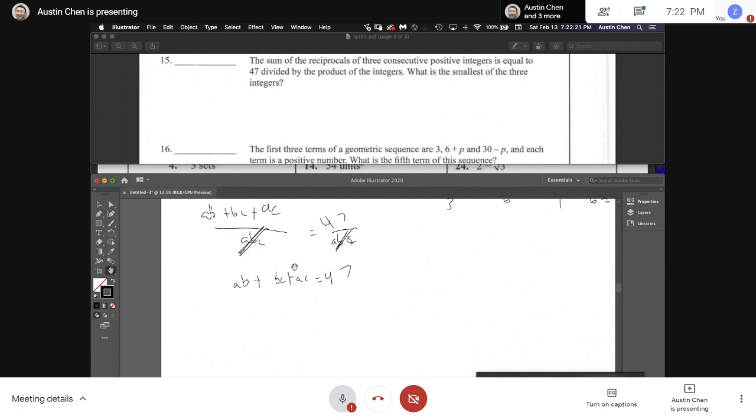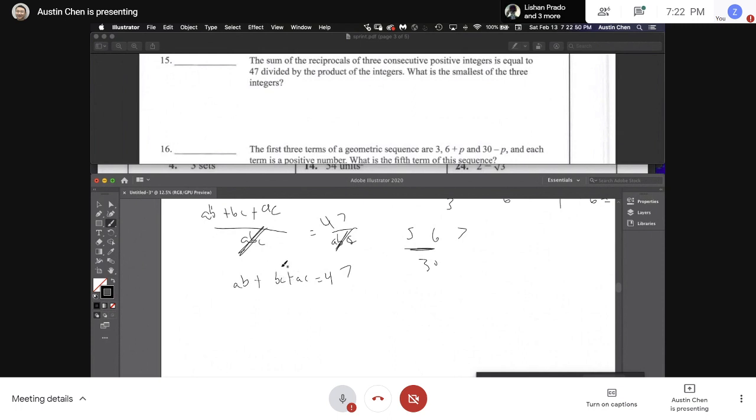But one thing to notice is that this 47 number is really low, right? Our integers are going to have to be really small. If we do 5, 6, 7, the product of two of these integers is already 30. So there's absolutely no way we can have 5, 6, 7 as these 3 consecutive integers, and it's going to have to be much lower.